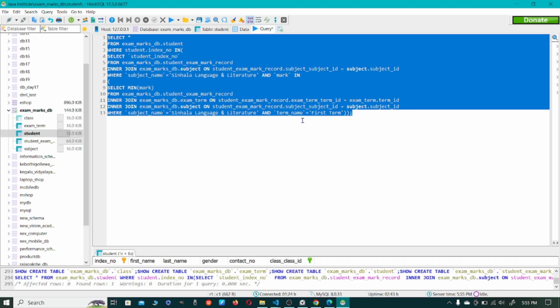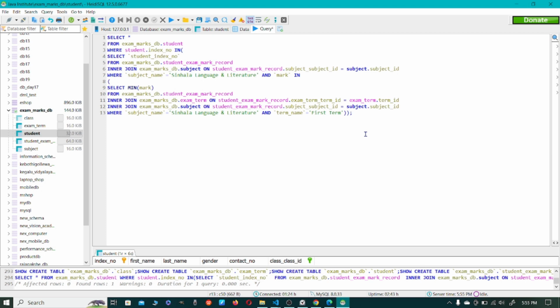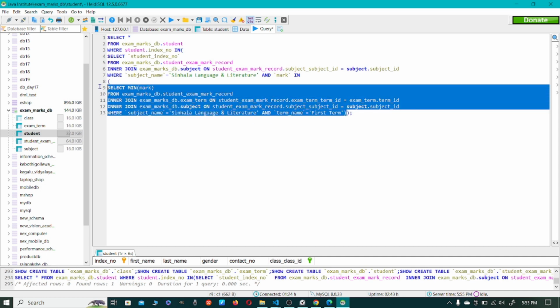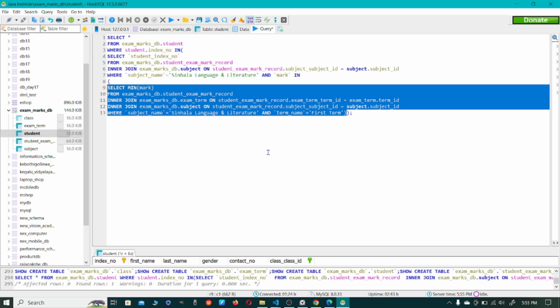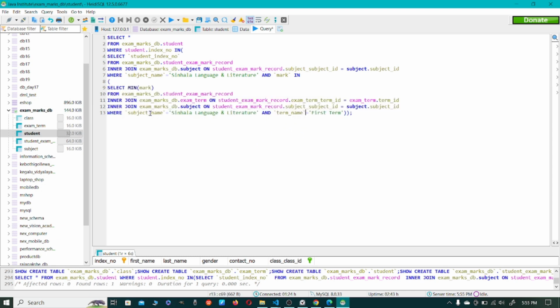So this would be the query for the second question. We have used the same query that we typed in the first question as our first subquery. Using that, we have derived the minimum mark that was received for the subject Sinhala language and literature during first term.